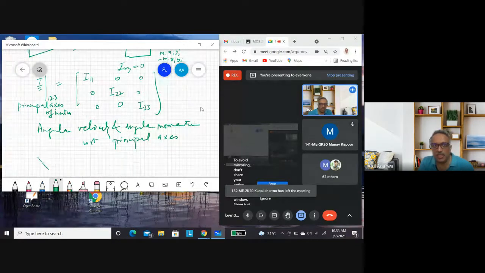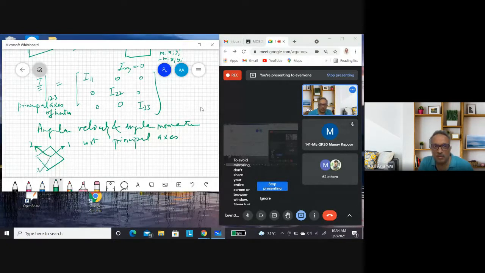Suppose this is your body and you found your principal axis like this, while your fixed coordinate system is this. So they are not having the same orientation. Now whatever is the angular velocity vector, you will find in the 1, 2, 3 system.